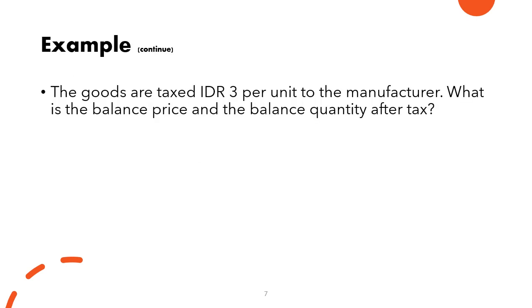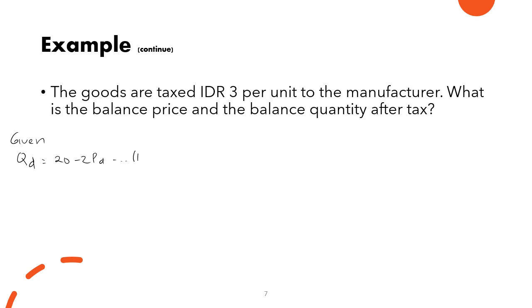From our previous exercise, we have an additional question with additional information. The goods are taxed at 3 IDR per unit to the manufacturer. What is the equilibrium price and the equilibrium quantity after tax? Given that, we have our first equation, QD equals 20 minus 2PD.